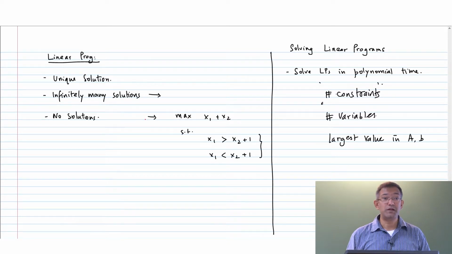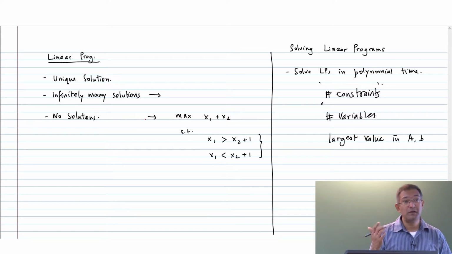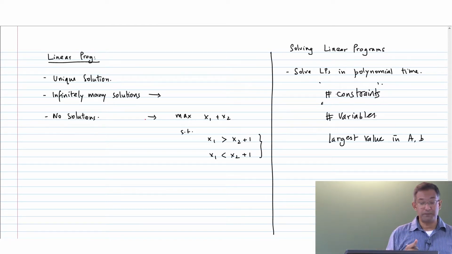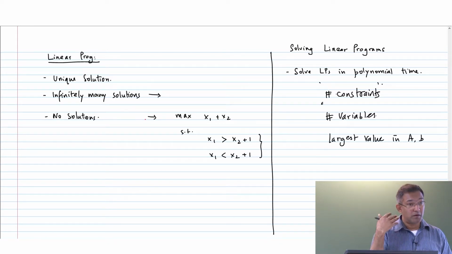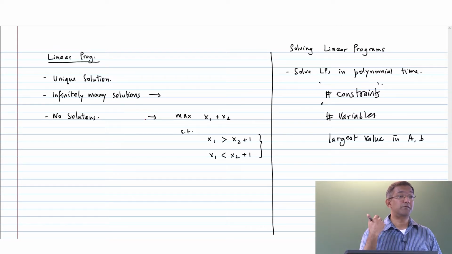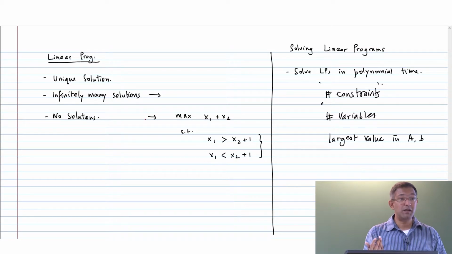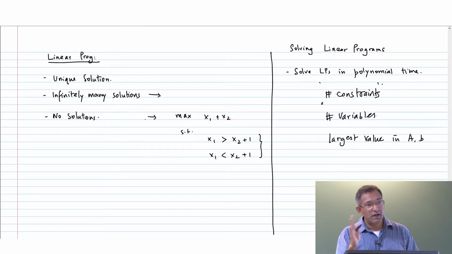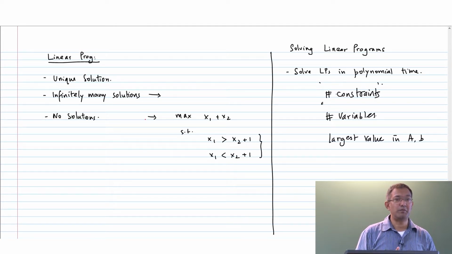So, it is not strongly polynomial time, the running time depends on the size of the numbers in the constraint matrix. However, for our purposes, the kind of linear programs that we will see will have very small values in the entries of the constraint matrix, and therefore our algorithms will run in polynomial time.